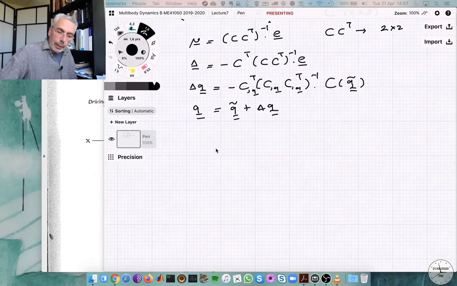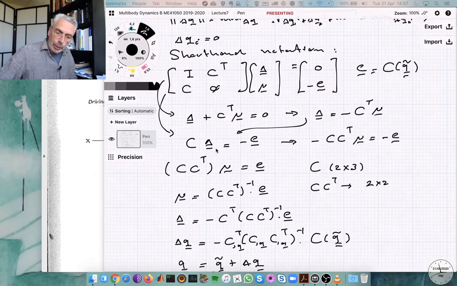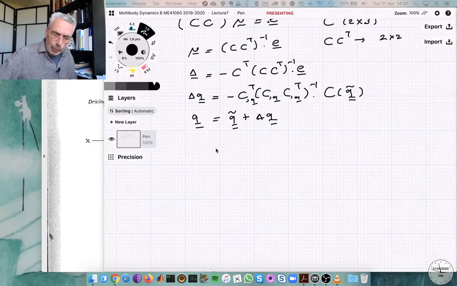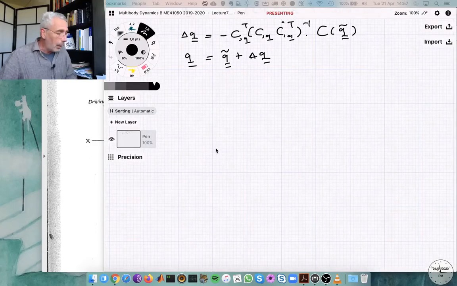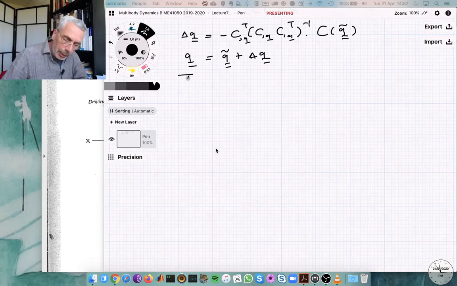Now, this whole process, this Gauss-Newton process, seems like sort of a magic thing. Like what magic is going on? So to show the magic, I will do an example. Let's do an example.